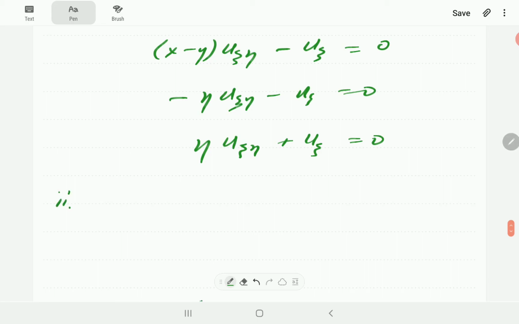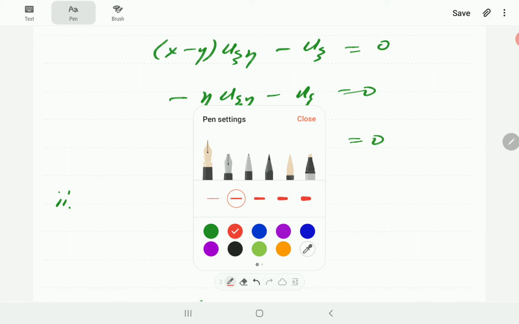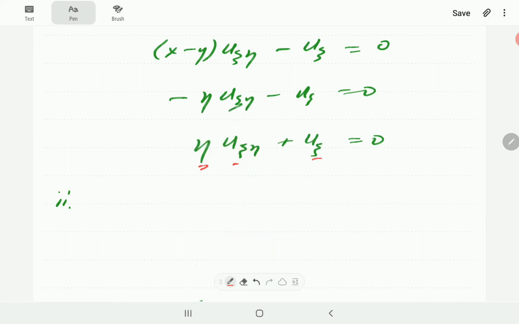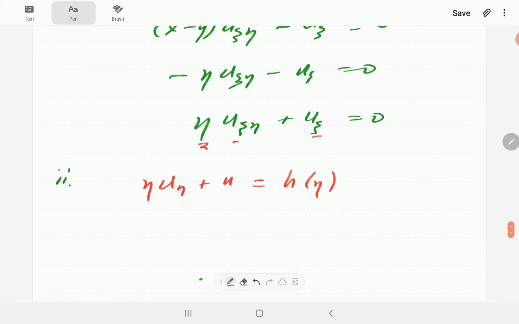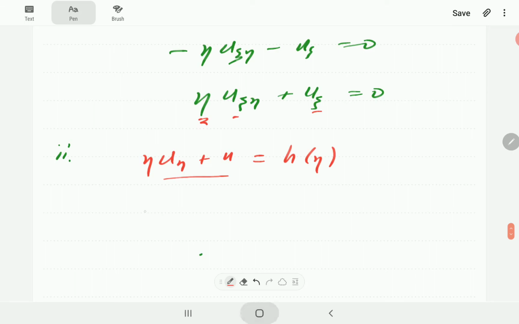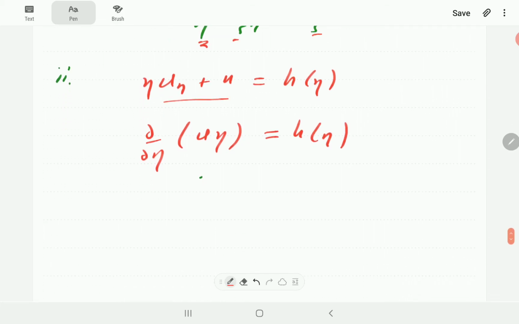Then for part 3, we're going to integrate this. Since we have got a derivative of xi in both of them, and this does not depend on xi, then we can integrate partially with respect to xi, and so this is going to give us a function of eta. Then you're going to notice that this is an exact derivative. So if you differentiate u eta, you get that using the product rule.